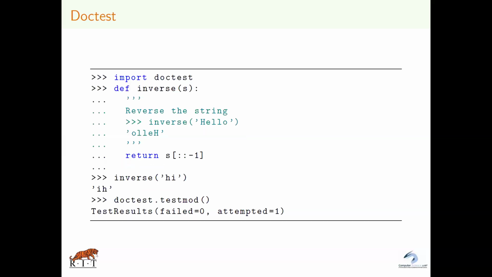So, docstring, doctest. You can just type the test case in the docstring. So this is the docstring, and here I type the expected input with the function name and expected output.